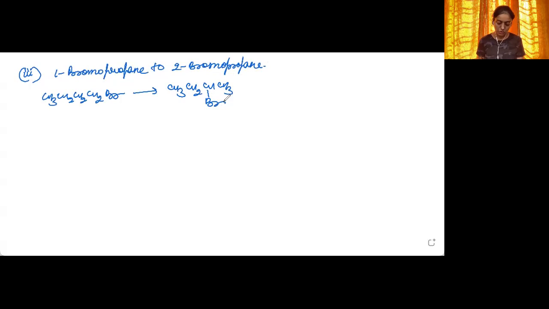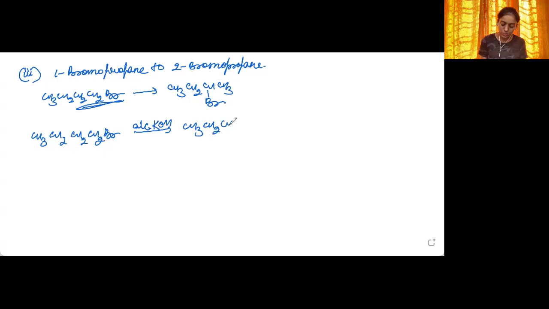This is the conversion we need to do. So first of all, what we will do is we will just convert this into alkene. CH3, CH2, CH2Br. We will treat it with alcoholic KOH so that it gets converted into alkene by dehydrohalogenation. So it will become CH3 CH double bond CH2.